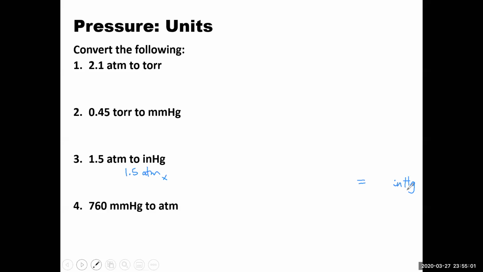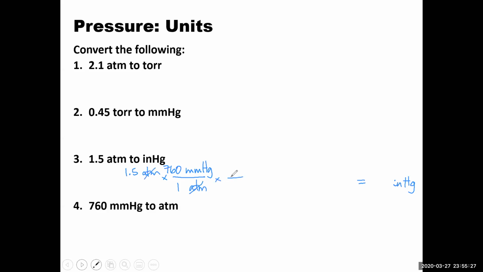So the conversion that we will have is from atmospheres into millimeters of mercury. So we want to cancel out our atmospheres, and I want to convert into millimeters of mercury. And we know for every 1 atmosphere, we have 760 millimeters of mercury. So now our atmospheres have canceled out.